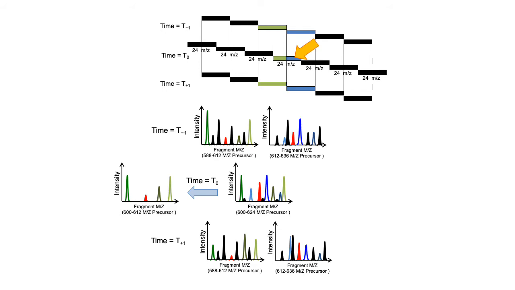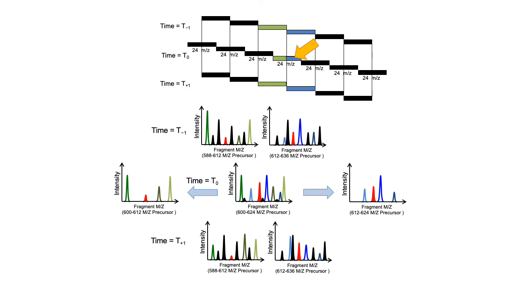Similarly, there will be other fragment ions that are present only in the 612 to 636 MZ previous and next spectra. And we know that these can only come from peptides with 612 to 624 MZ precursors.